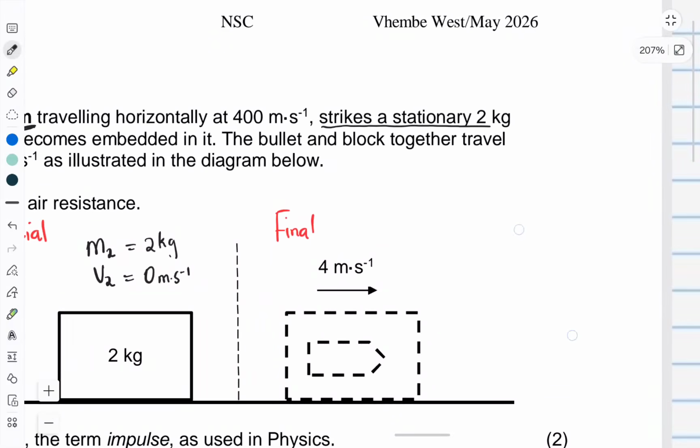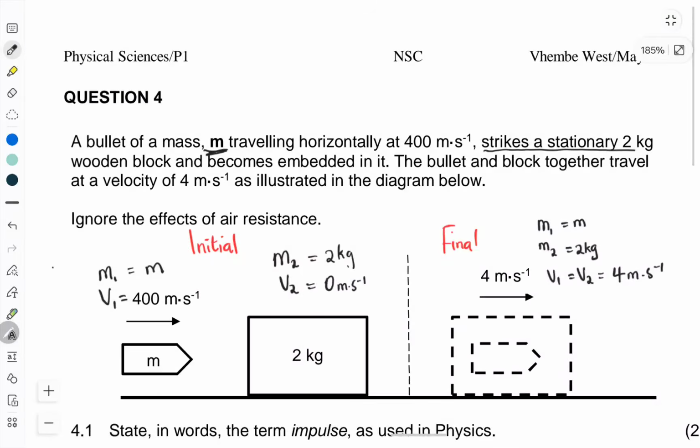In my final state, M1 is still M, M2 is still 2 kilograms, and V1 is 4. Because they are moving together, they share this velocity. So V1 and V2 are the same. The question even tells you the bullet and block together travel at a velocity of 4 meters per second as soon as the bullet strikes the block.